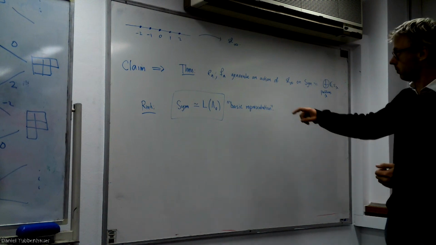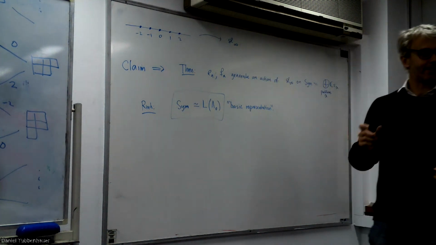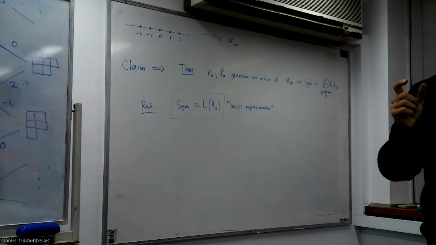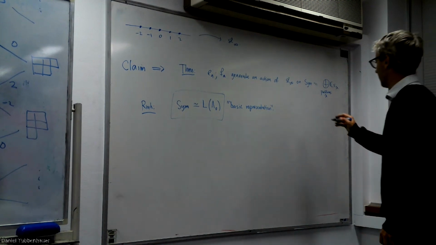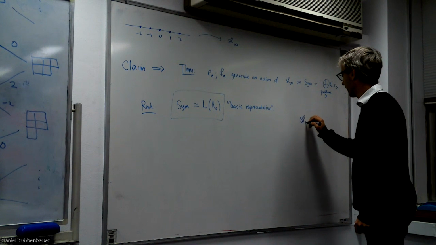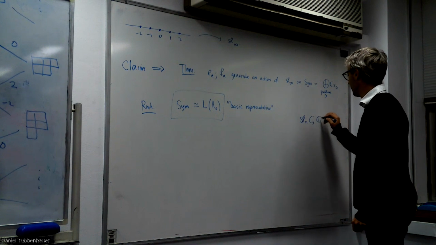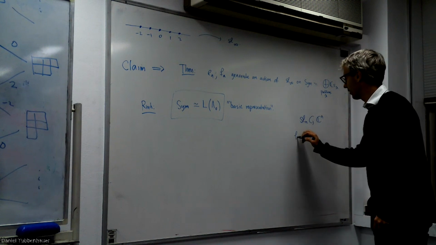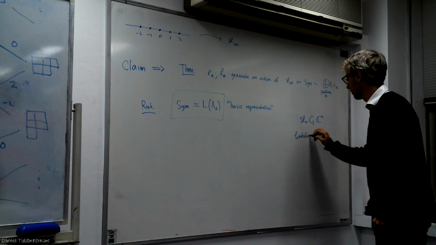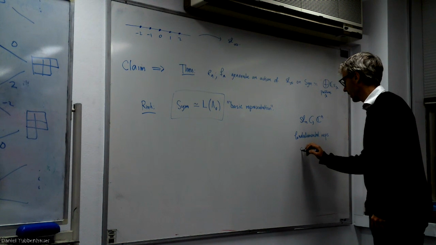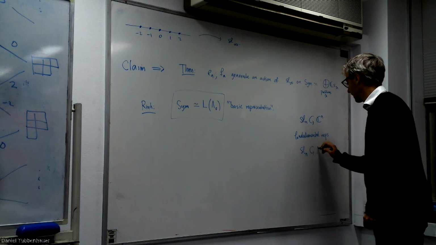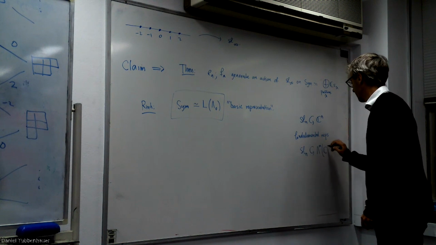But SL_n has the fundamental representations, which are given by the exterior powers. SL_n acts on C^n. And then we have the fundamental representations, which is SL_n acting on the k-th wedge power of C^n.